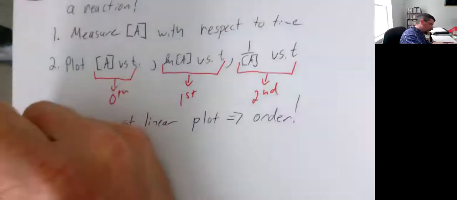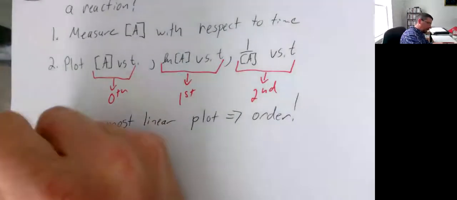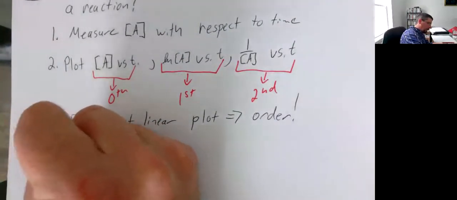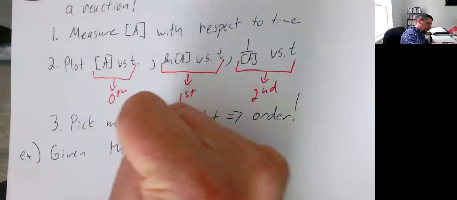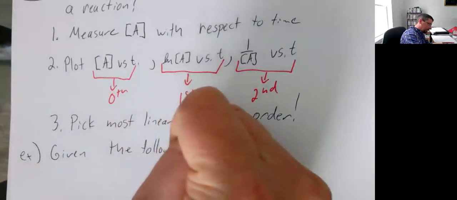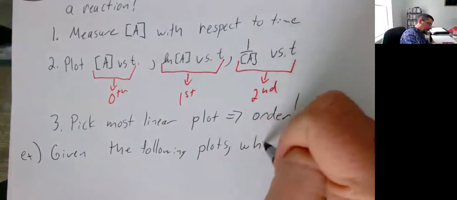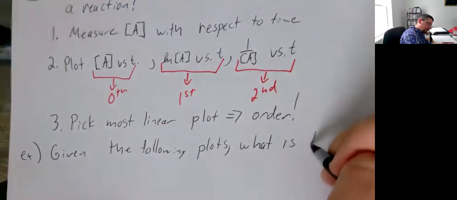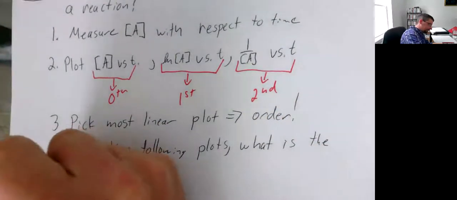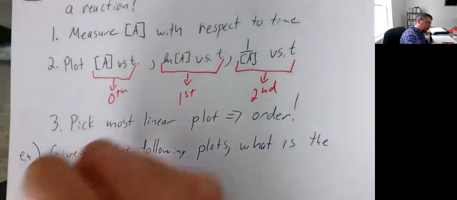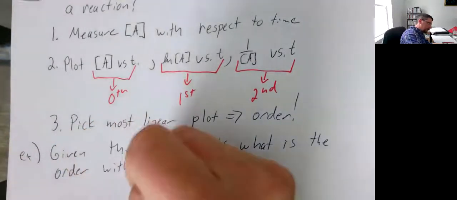Okay, so as an example, let's look at a quick graphical example. Given the following plots, what is the order of the reaction with respect to B?